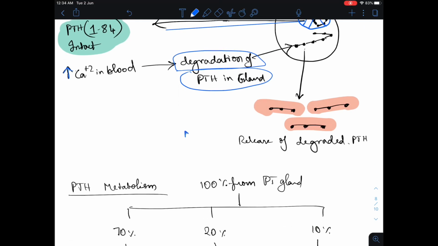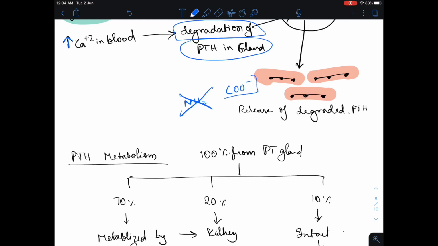These will not have the NH2 terminal because of proteolytic enzymes. Only the COOH will be intact.